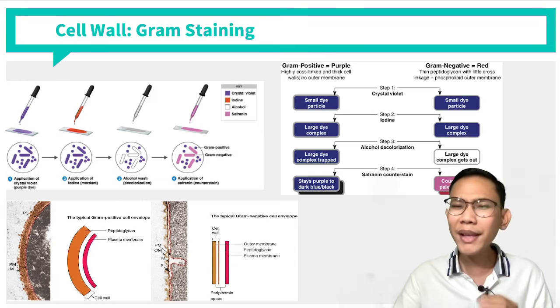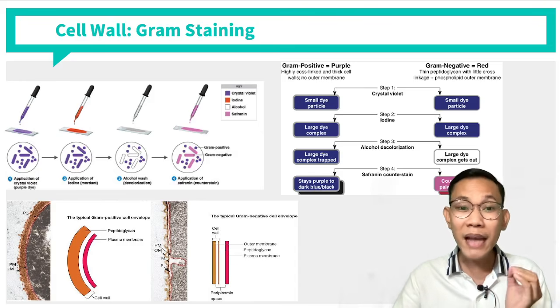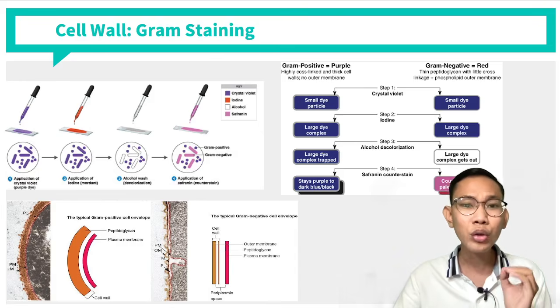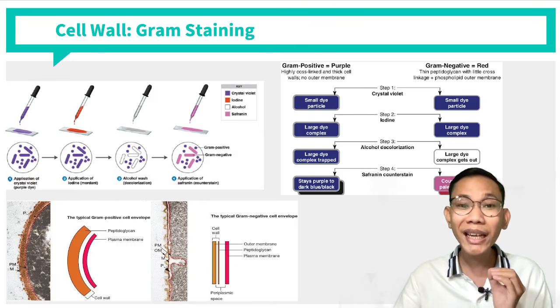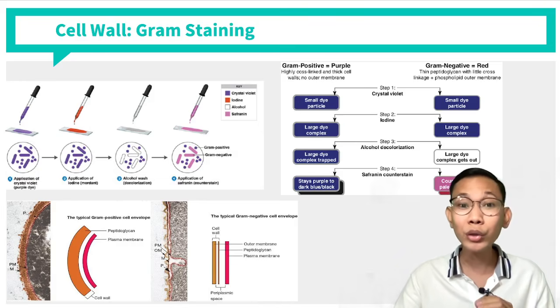I guess you have a separate discussion with your gram staining. So, I will leave it to the next lecturer the exact procedure, the different false positive, false negative reaction in your gram staining. But right now, I'll give you an overview, as well as the principle behind your gram staining, so that we can understand or correlate it to the cell wall, since we are talking about your cell wall.